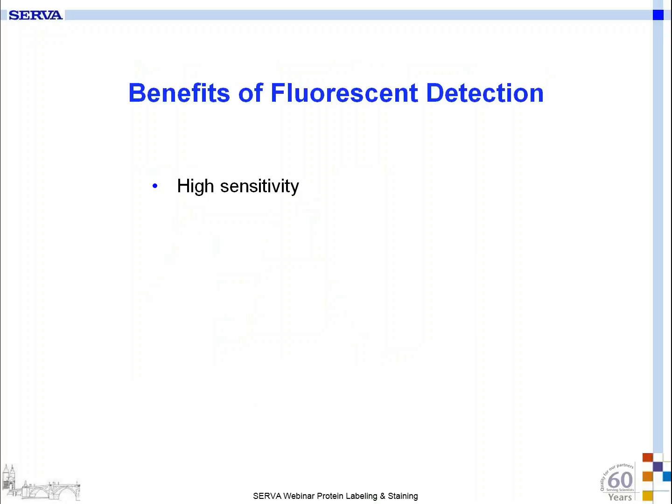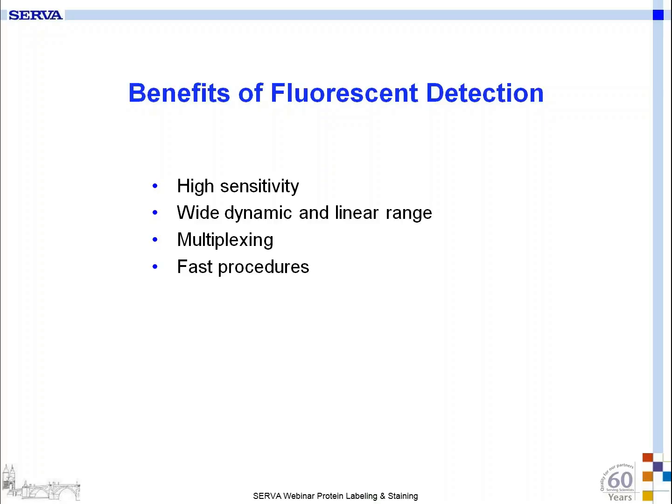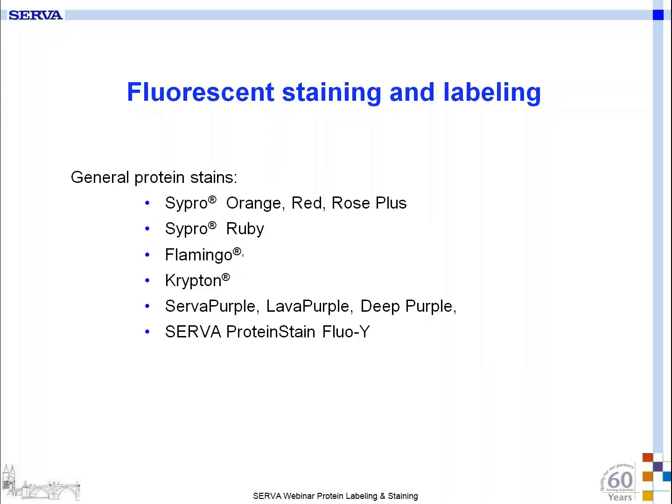So you have this high sensitivity, the wide dynamic and linear range. You can multiplex it. We come to this on another PowerPoint later. It's a very fast procedure, and these are the general protein stains we find in most labs. So these are called SciPro.